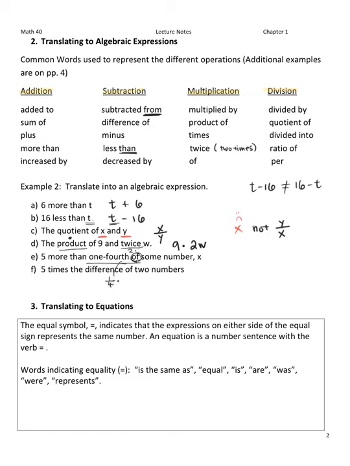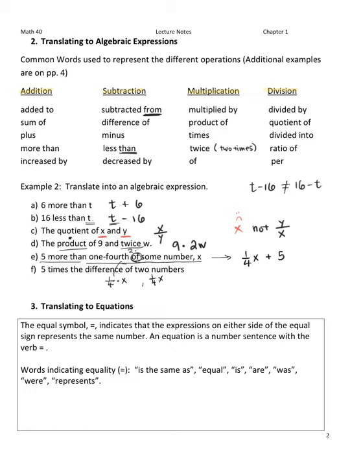So this part is translated to 1/4 times x, or simply 1/4 x. And it says also 5 more than. The phrase more than corresponds to addition. So our final answer would be 1/4 x plus 5.